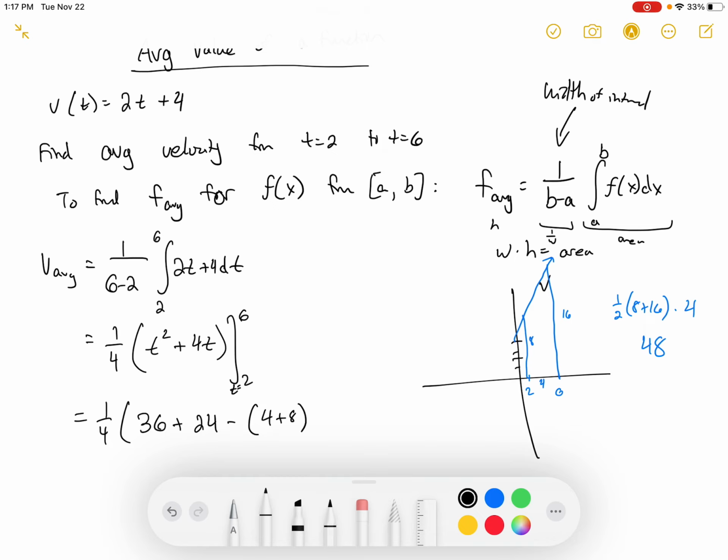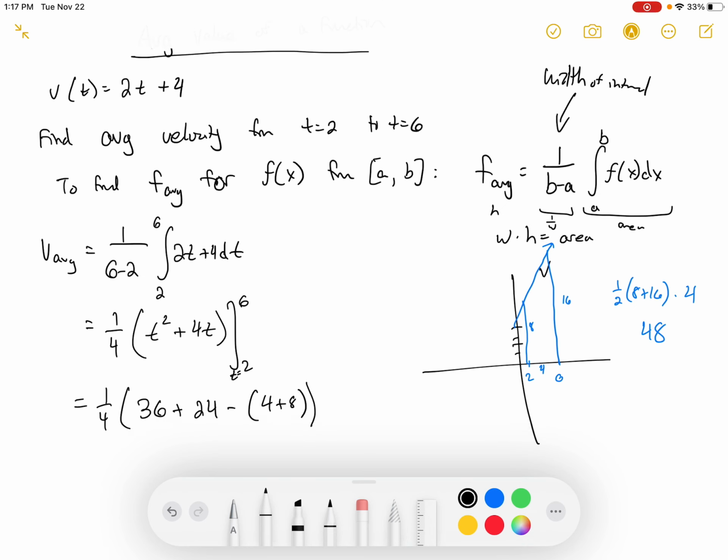You can do some arithmetic here. This thing over here on the side is 60 minus 12, which is actually 48. So this is a quarter times 48, which is in fact 12. 12 meters per second is my average velocity, which again is what we said makes sense.